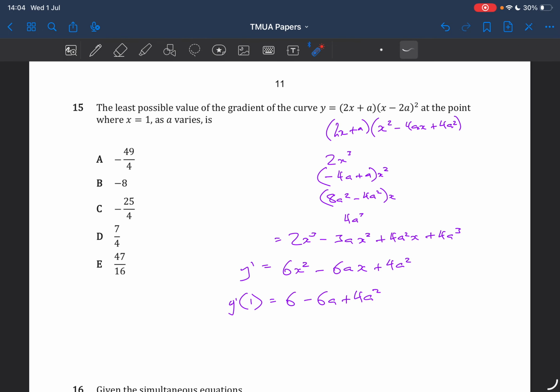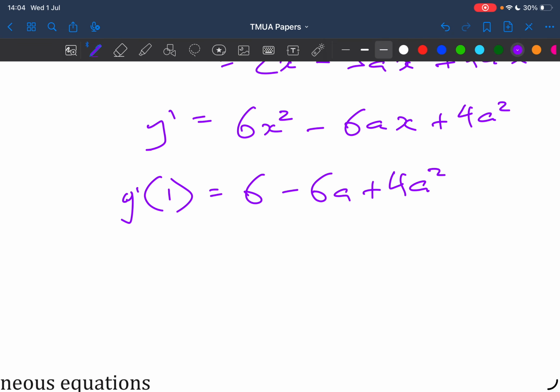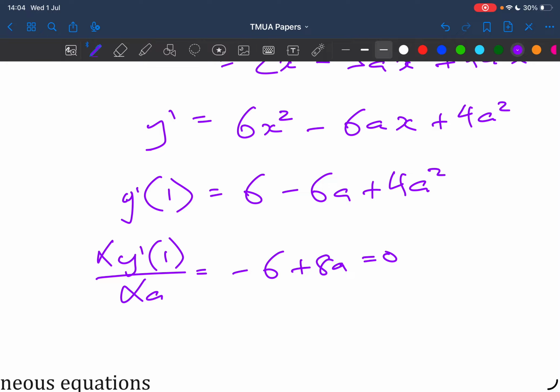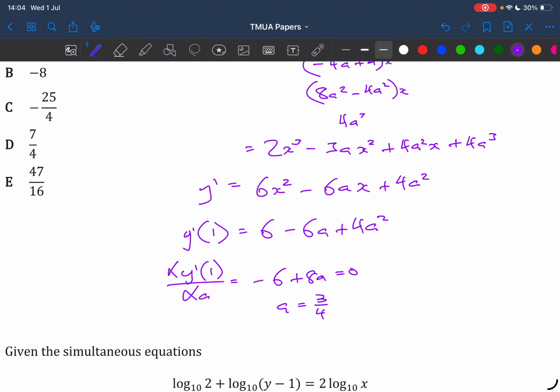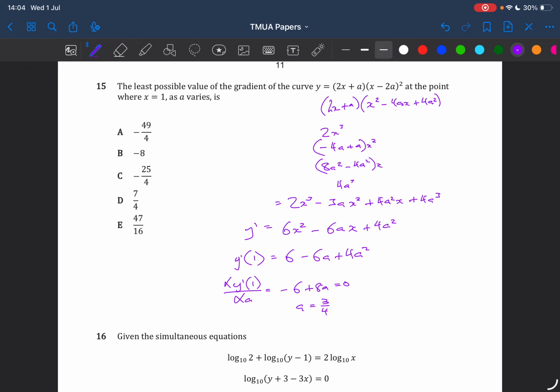And now let's find the least possible value, so the minimum of this thing. So we want to take y dash of 1 and differentiate that with respect to a. So we're going to have minus 6 plus 8a, equal to 0. What do we get? a is going to be 3 on 4. This will provide the gradient of this. Okay, so that's the value of this one.